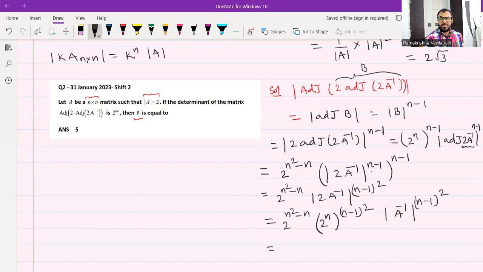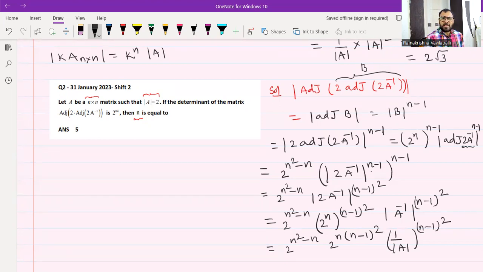This is equal to 2 to the power of n square minus n, times 2 to the power of n into n minus 1 whole square. The determinant of A inverse is nothing but 1 by det A, so this is 1 by det A power n minus 1 whole square.